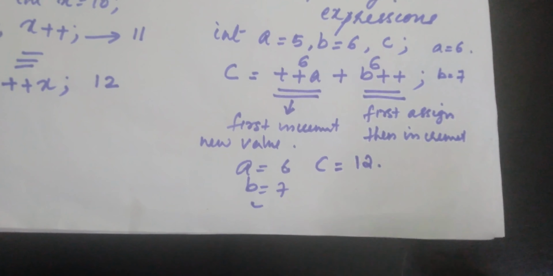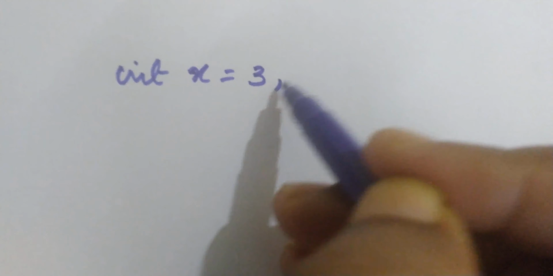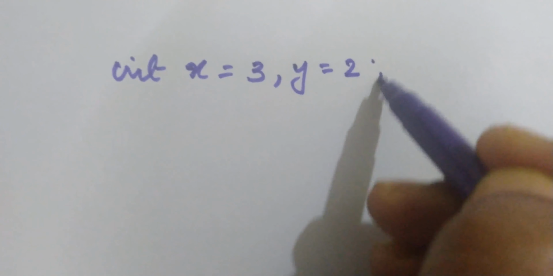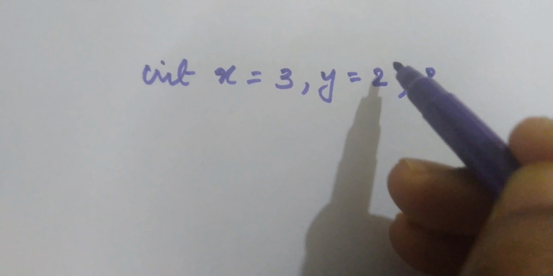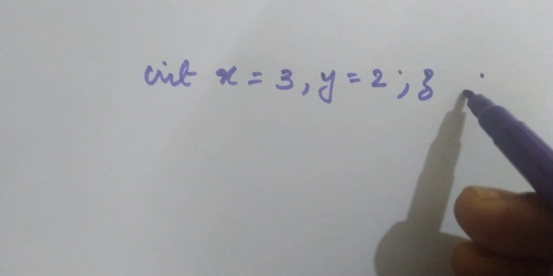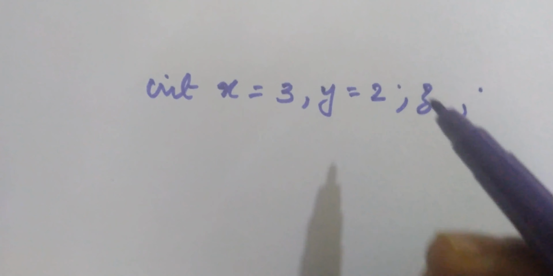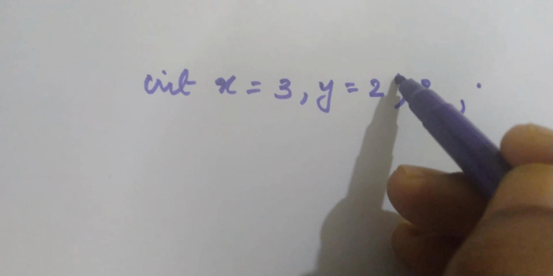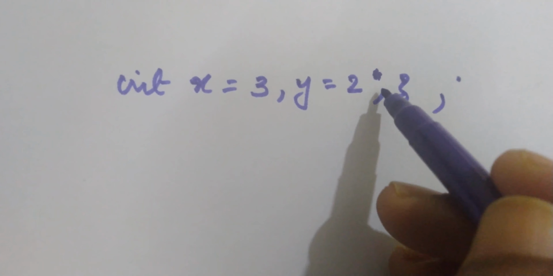Let us see one more example. Consider the example int x = 3, y = 2 and z. This is just a comma.